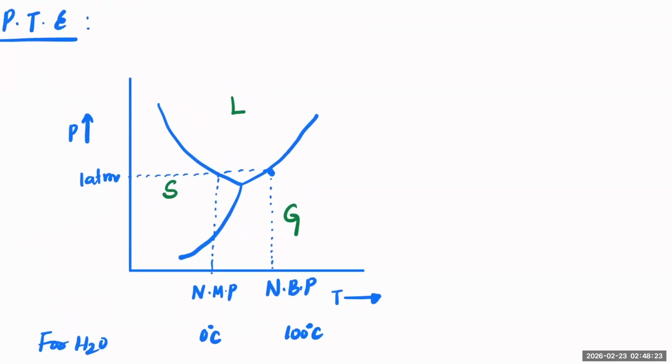This is serving an equilibrium. Suppose you notice this particular curve, this is serving the equilibrium of H2O solid to H2O liquid. While this equilibrium is serving as H2O liquid in equilibrium with H2O gas.